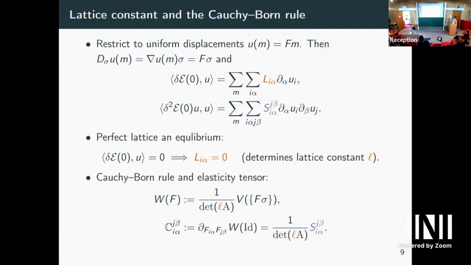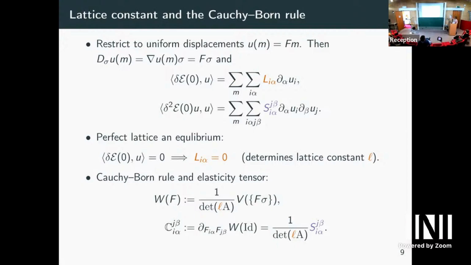And so simple calculations will tell you that for this class of displacements, the equilibrium condition is given by this thing. And then the second variation is as follows. And now under these slightly relaxed conditions, and this is a known result in the field, these are necessary. So for the atomistic stability to hold, this has to hold.